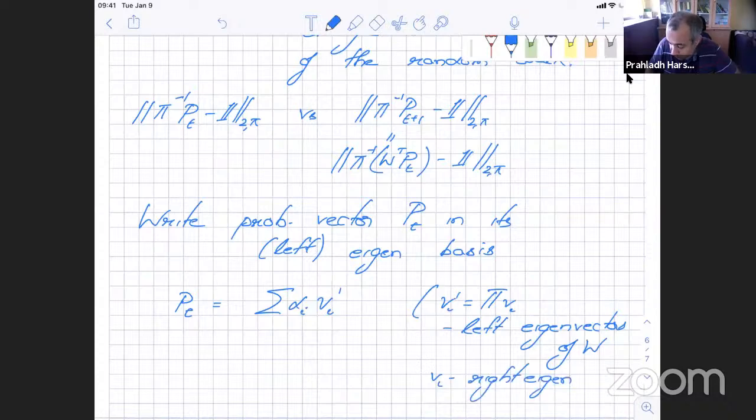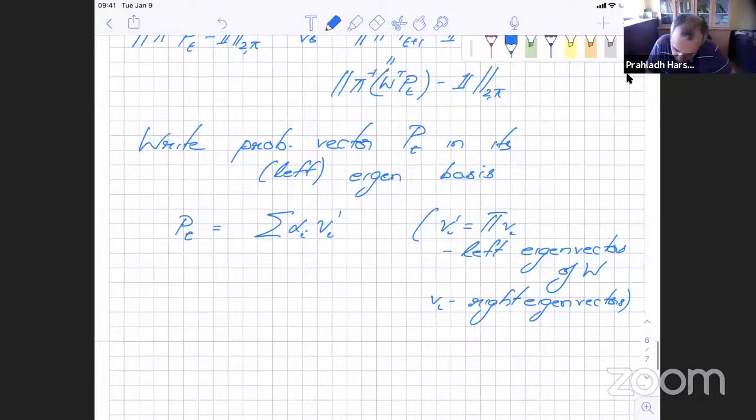So p_t is this sum, i going from 1 to n. Let's write it as alpha_1 v_1 prime plus the sum from i equals 2 to n of alpha_i v_i prime.